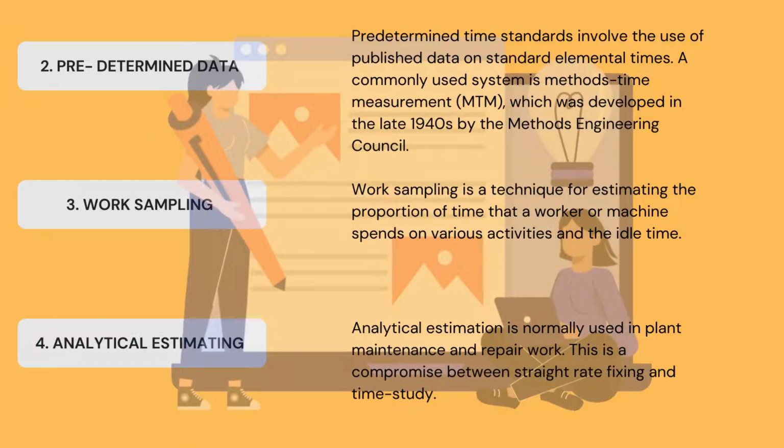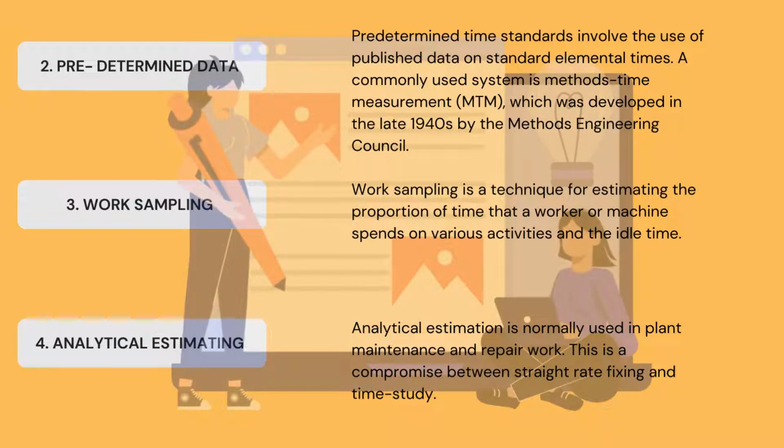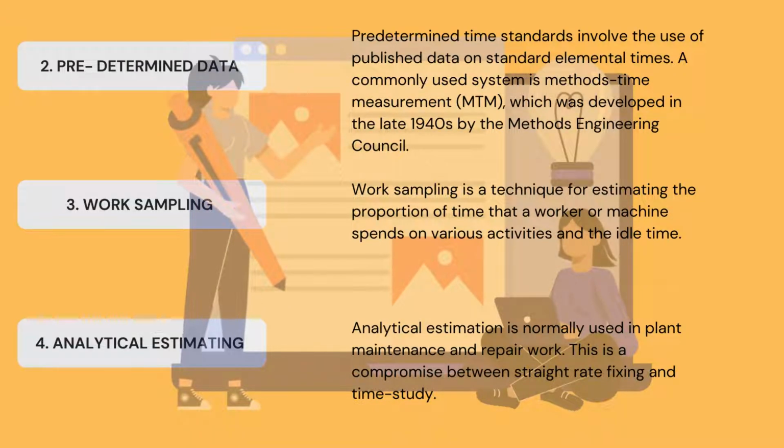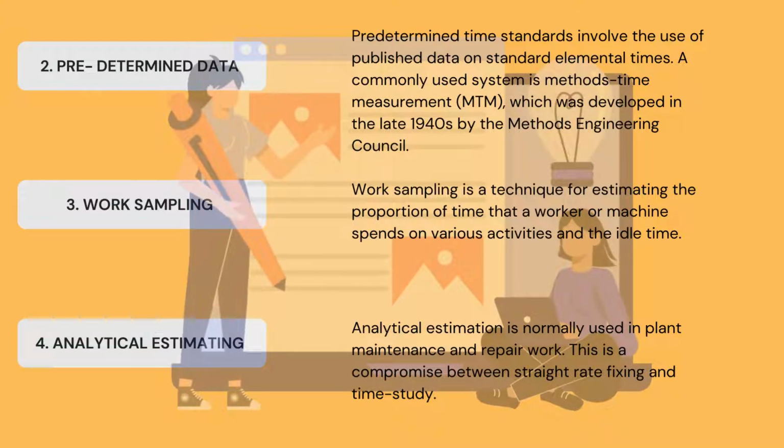Since maintenance and repair jobs require adequate planning, and because such jobs by their very nature call for creativity and innovativeness, it is difficult to enforce straight rate fixing. So analytical estimation is difficult in nature and is also not always foolproof for the inexperienced work study men. So, after we determine the commonly used methods for work measurement, we now go to job design.